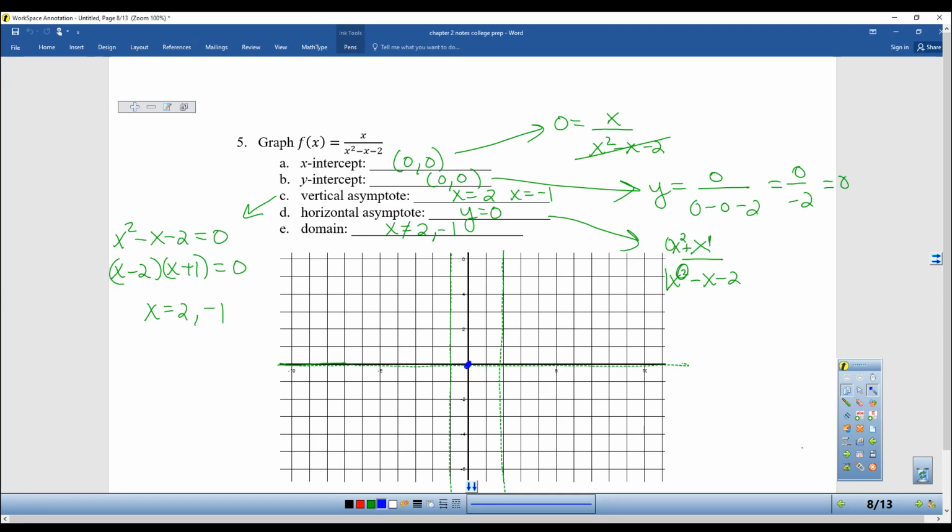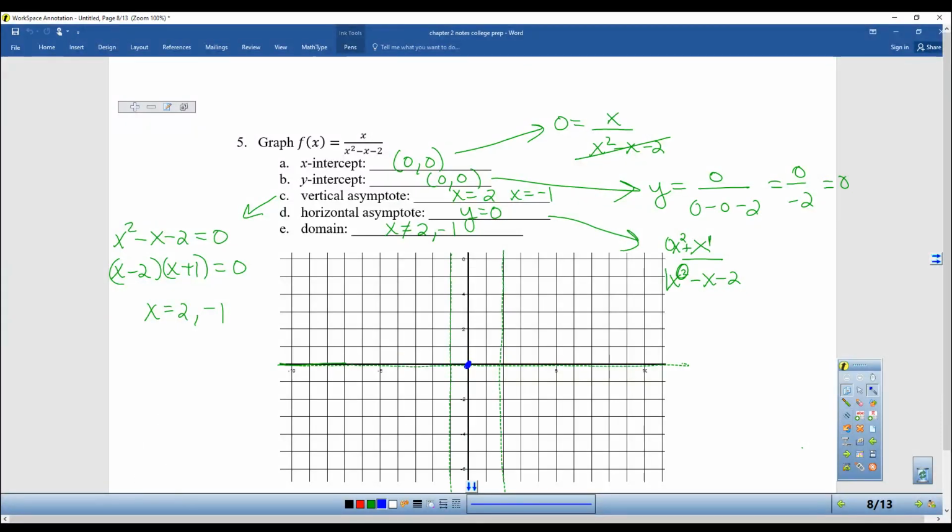Now this graph isn't even. If I pick an x like 3 and then x is negative 3, it's definitely going to come out to be a different answer. And I can see that this is not centered between the two asymptotes. So I'm pretty sure it's more likely to look, actually I'll make these dashed.